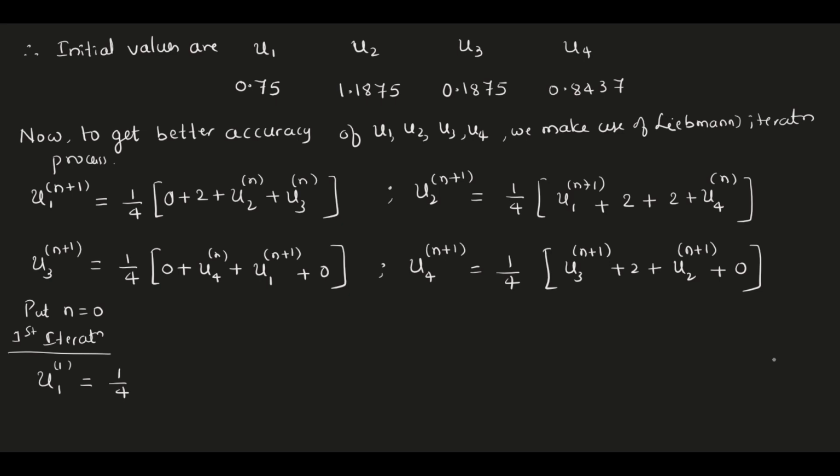So 1 by 4 of 0 plus 2. So I'll write it as 2 plus u2 of 0 plus u3 of 0. 0 means the initial values, which you have just found out. So 2 plus u2 of 0, what has come? I have written the initial values here. So what is u2? 1.1875. Plus u3, what is it? 0.1875.